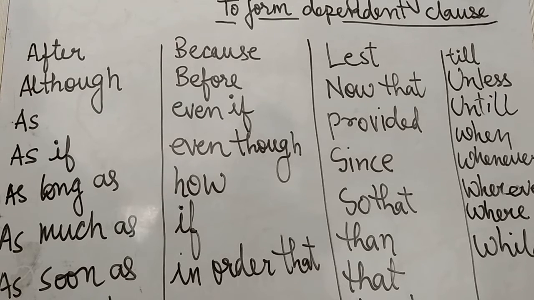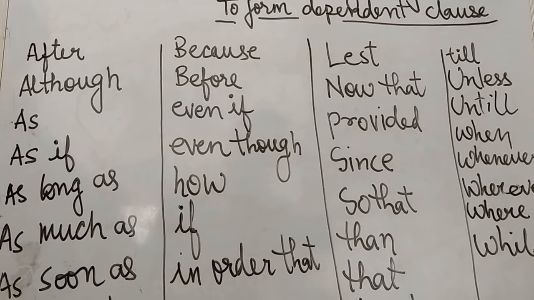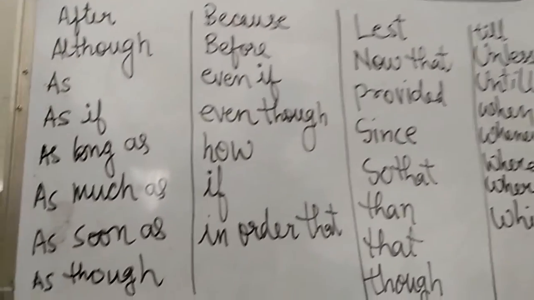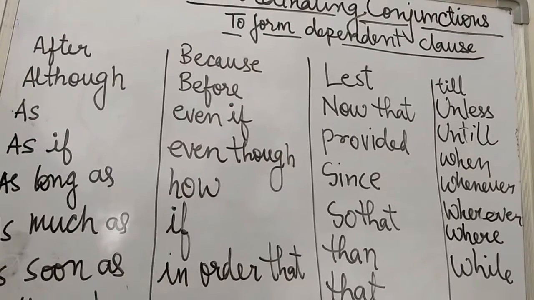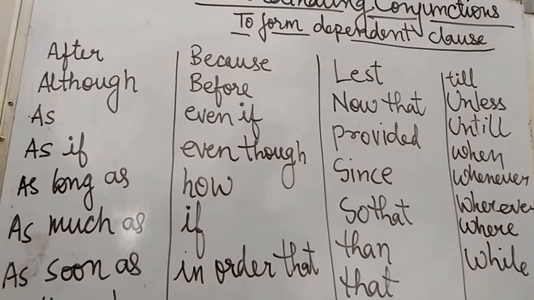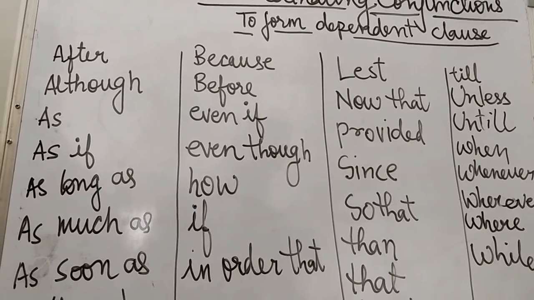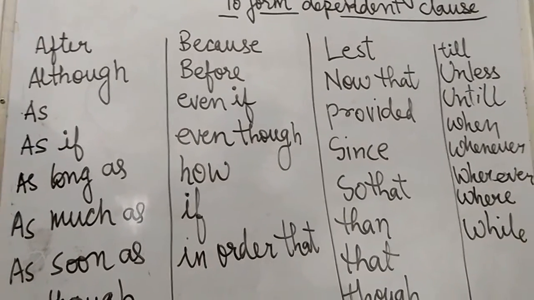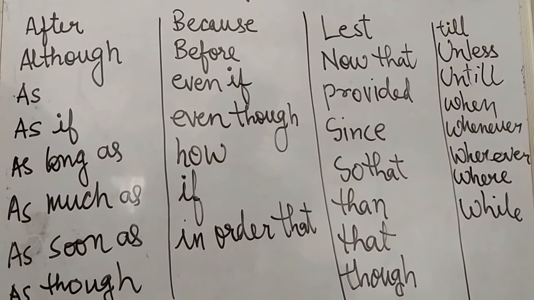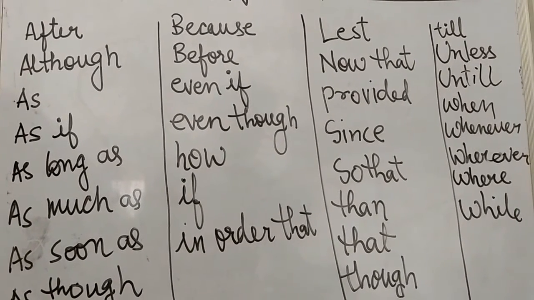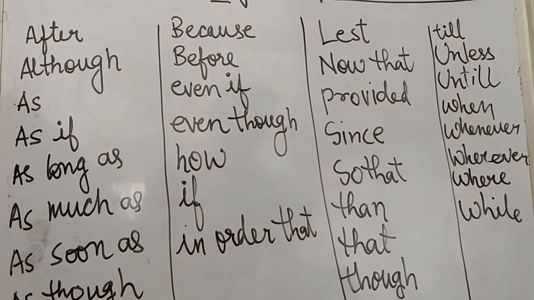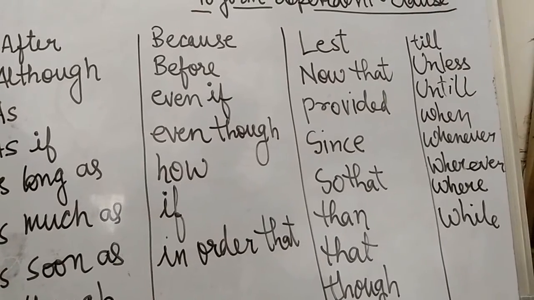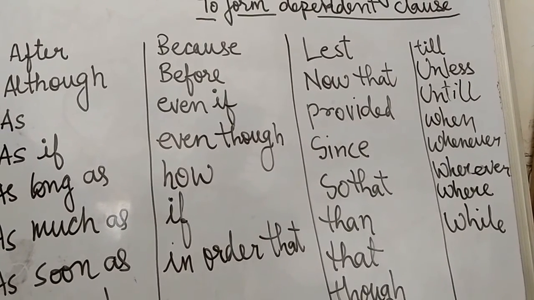After, although, as if, as long as, as much as, as soon as, as though, as, because, before, even if, even though, how, if, in order that, lest, now that, provided, since, so that, than, that, though, till, unless, until, when, whenever, wherever, where, why.